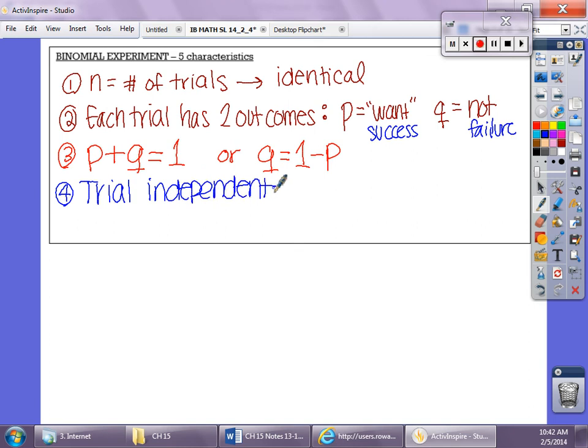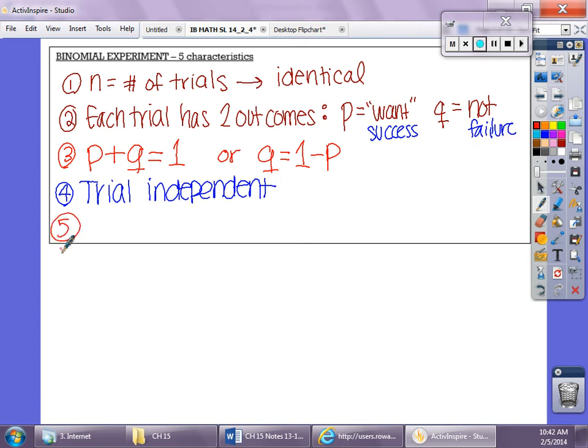So when you're looking at replacing marbles, you can actually turn that into binomial. When you don't replace a marble, because the second marble, taking it out depended on whatever the first marble was, it's no longer independent. Remember that mutually exclusive and independent are not the same thing.